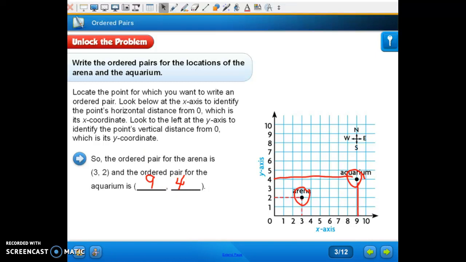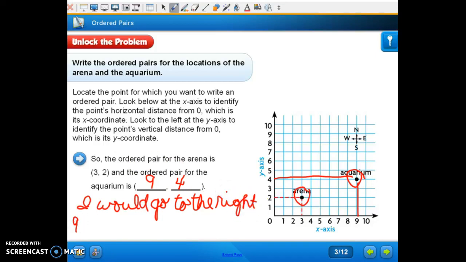Okay, so if we're looking at describe the path you would take to get from the origin to the aquarium using horizontal and vertical movements, I would go to the right 9 units. You should be writing this on the bottom of your paper. Go to the right 9 units.